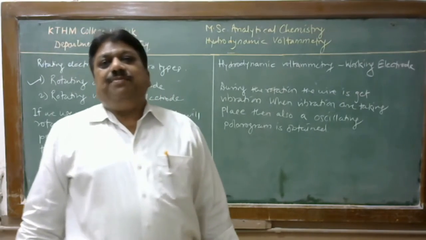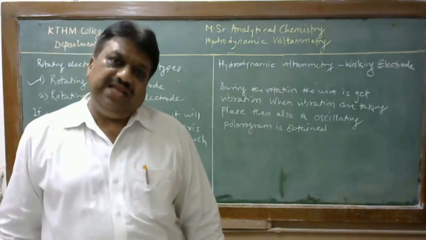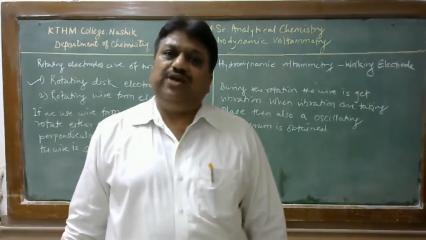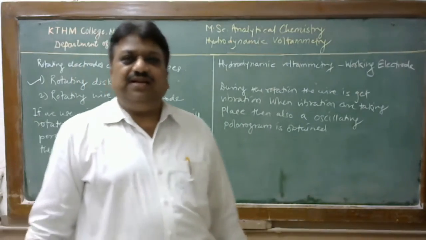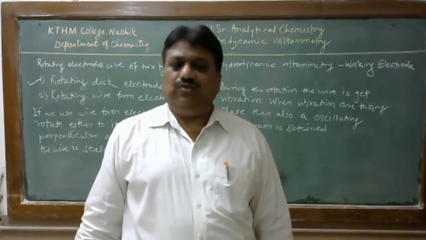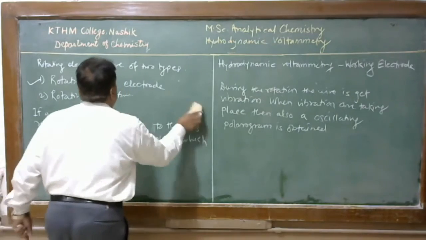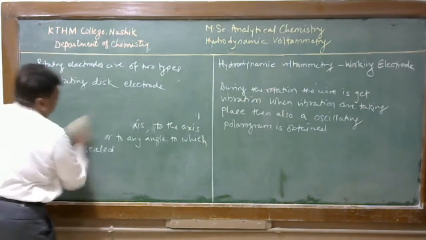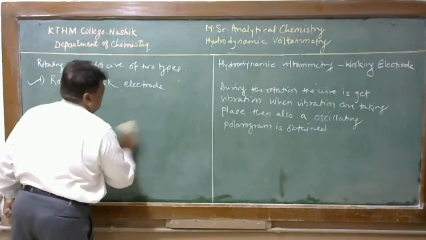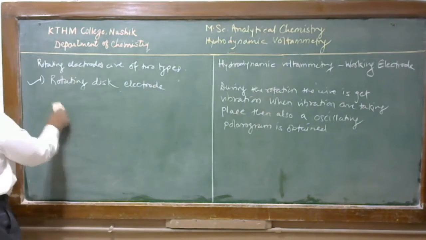When the wire is vibrating, there are oscillations in the current voltage curve or polarogram. Again, the same difficulty will be encountered in polarographic analysis. Therefore, to avoid this, generally a rotating disc electrode is used in hydrodynamic voltammetry.